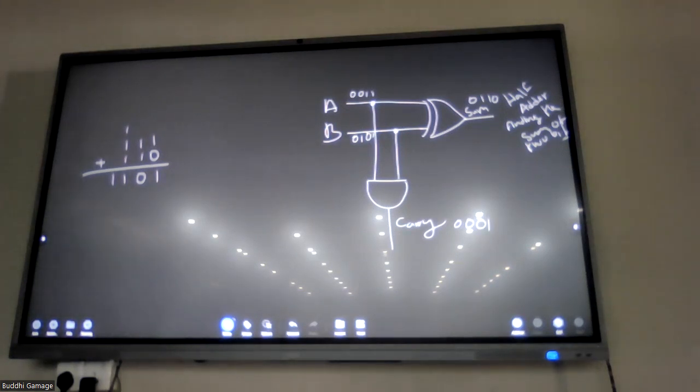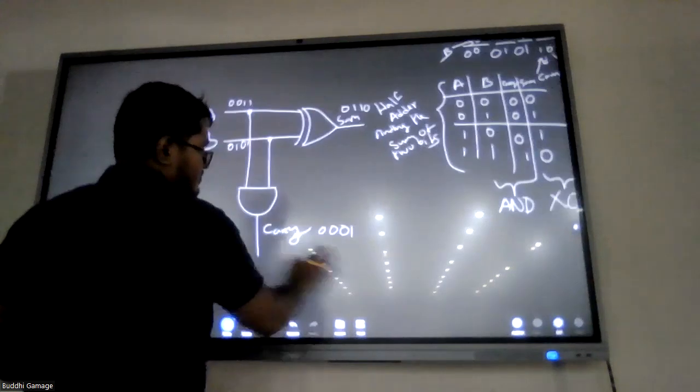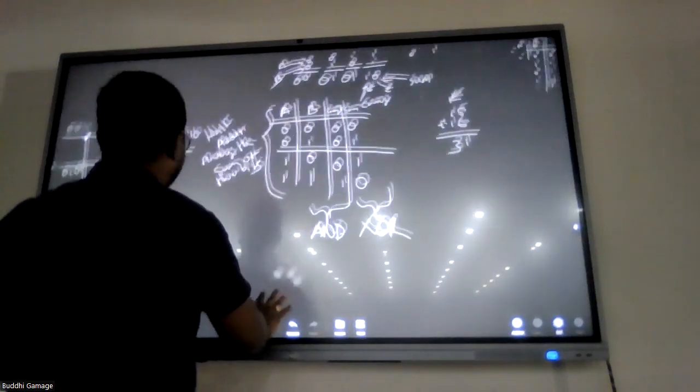So first, there is a problem. The problem is adding 3 bits, right? You need to add 3 bits now. Can we do that using a half adder?